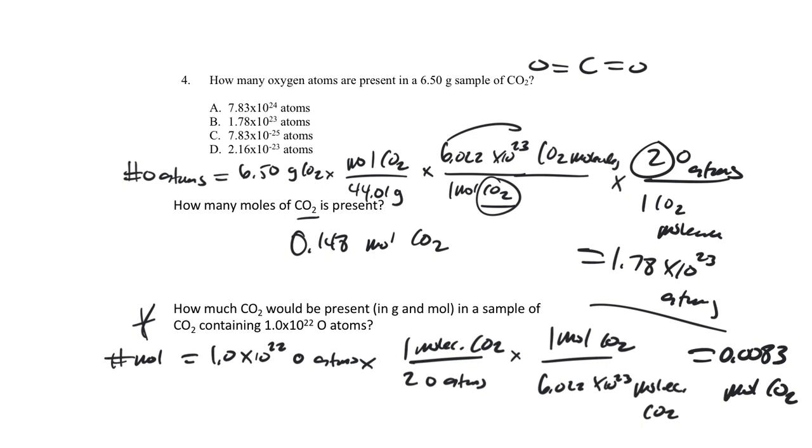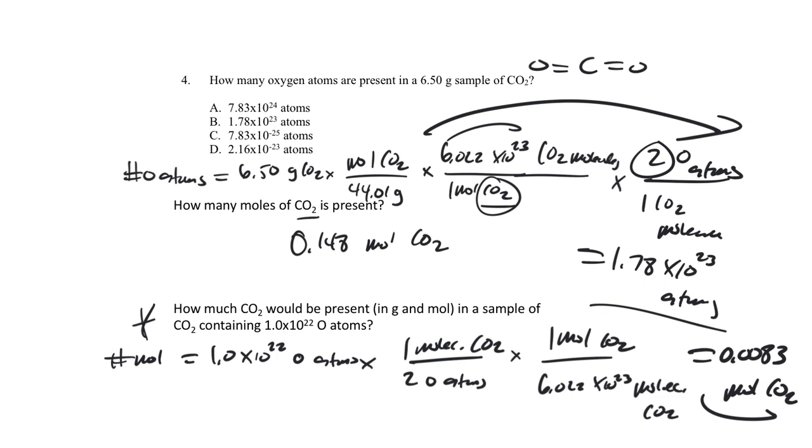And so if you think of it the other way around, if you had that many moles of CO2, and you then asked how many O atoms that sample contains, it should be 1.0 times 10 to the 22. You should be able to take this number here and then go this direction forward. So you can go from mass to moles to molecules to atoms, or you go from atoms to molecules to moles, and of course back to mass.